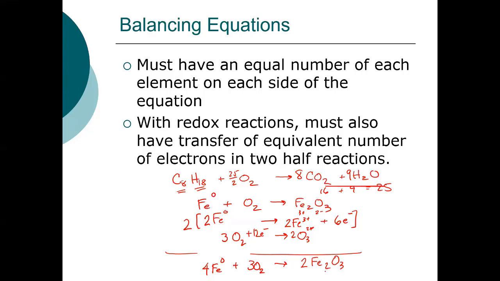So we've got 4 irons on both sides. We have 6 oxygens on both sides. And in these 2 half reactions, we've transferred a total of 12 electrons. We don't write the 12 electrons because they cancel in the reaction. Any questions? Just a quick review of stoichiometry.